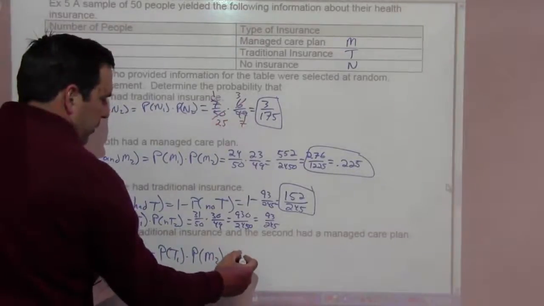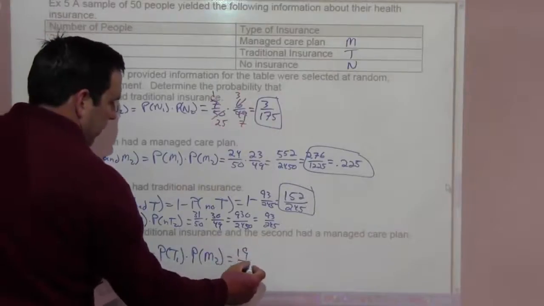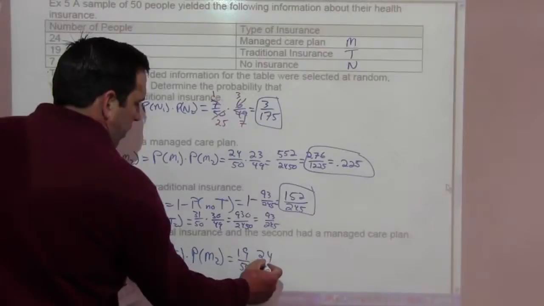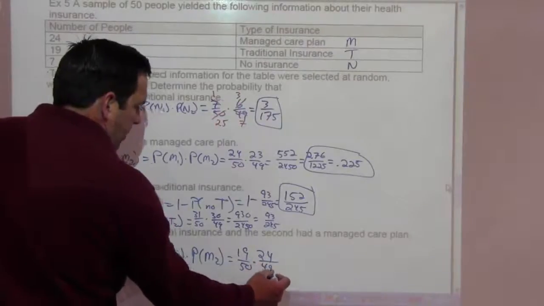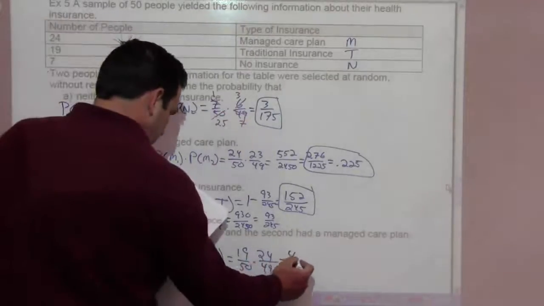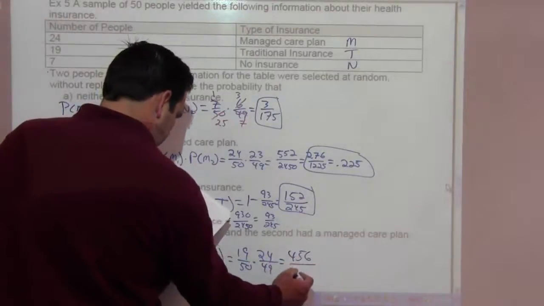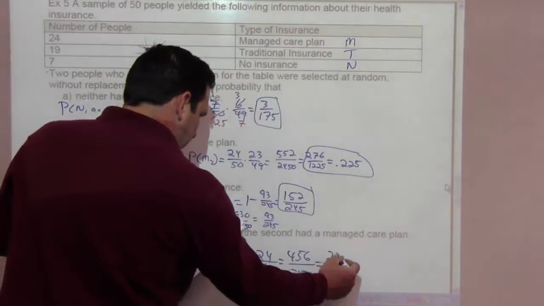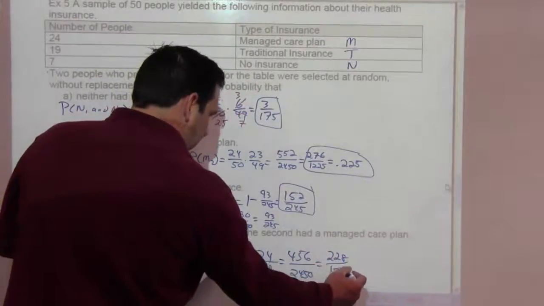So probability of traditional for the first one is 19 out of 50. And then we have 24 HMO people out of 49 left because it's without replacement. This is 456 over 2450. It can be reduced to 228 over 1225.